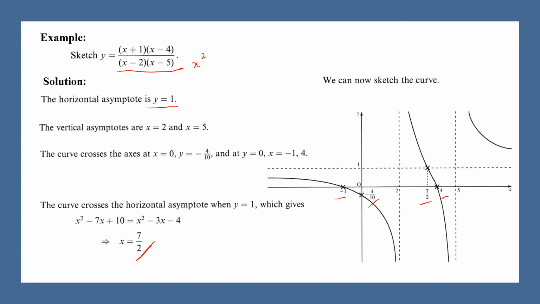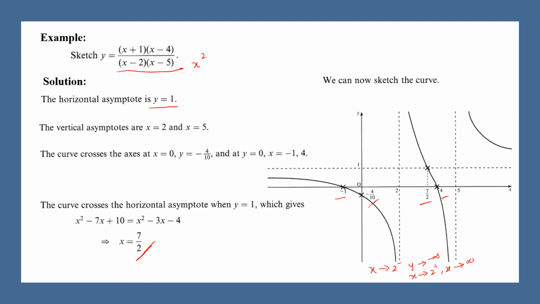If you notice the behavior near the asymptote, when x tends to 2 minus, that is when we approach x is equal to 2 from the negative direction, the y tends to minus infinity. When x tends to 2 plus, then y tends to positive infinity.